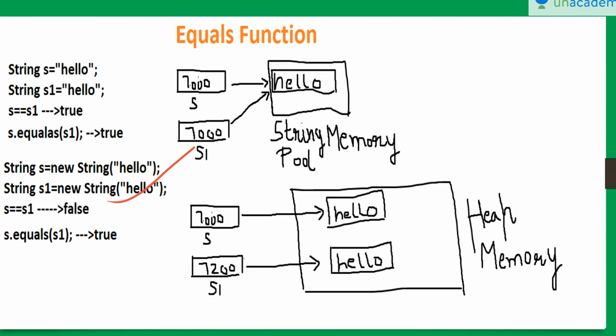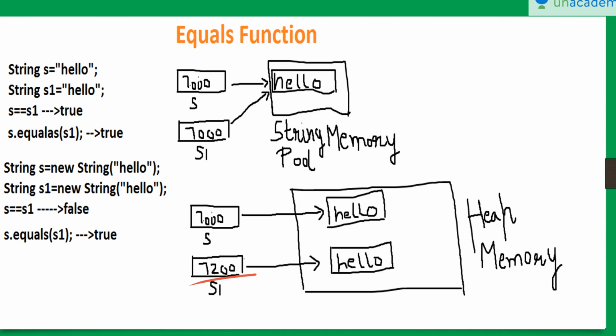Okay, now if we use equals here, what it will do, basically we know that equals compares the values, so basically it will compare the values present in both these references, so that is how it will give us true. So it is not good practice to use the equality operator, because it is used to compare the addresses of the references, so sometimes it can occur that the addresses are not the same.